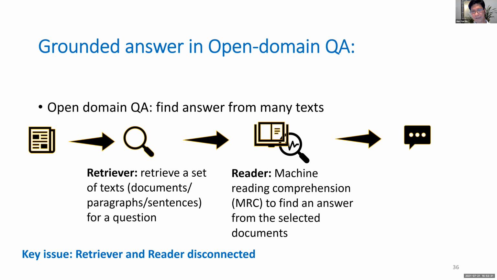And at the end, we will have a global weighting of the different answers, and it will provide the first answer to the user. So that's the typical schema of open domain QA, trying to find an answer from a large set of text. But very often, the retriever, the first step, and the reader in the second step are disconnected. That is, the retriever typically just uses an information retrieval method, for example, the BM25 model, to identify the passages that contain the keywords in the question.